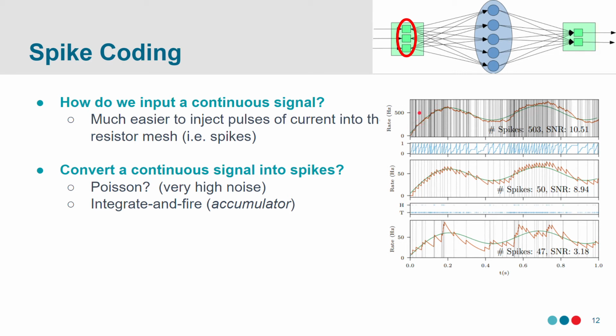The solid line that I'm showing here is the value I would like to inject. The vertical stripes in this particular row are a Poisson-generated spike train. And the squiggly line on top of it is what I get when I decode that spike train.